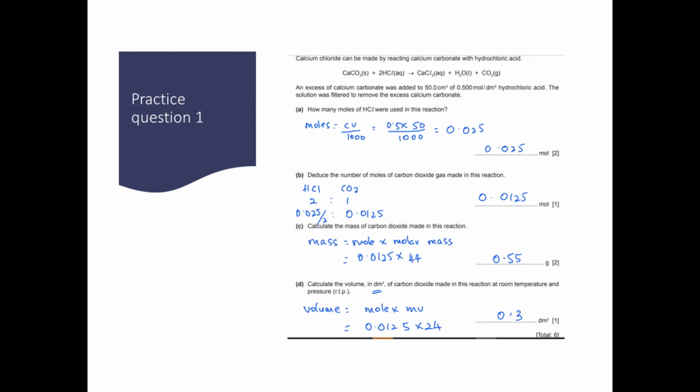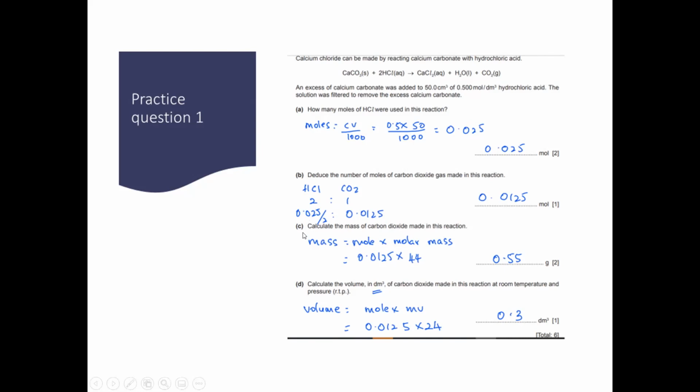From the equation, we know that 2 moles of hydrochloric acid produce 1 mole of carbon dioxide gas, so the ratio is 2 to 1. The number of moles of hydrochloric acid is already calculated, which is 0.025. When you divide it by 2, it's 0.0125, and that is the number of moles of carbon dioxide gas that is made.